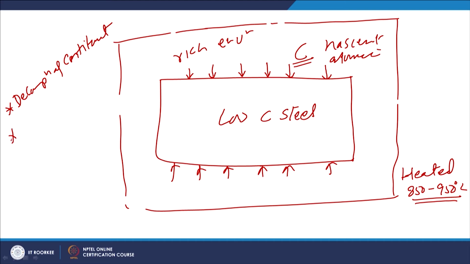The second thing is the heating of the component to the 800 to 950 degree centigrade temperature range. This high temperature facilitates the austenitic transformation.